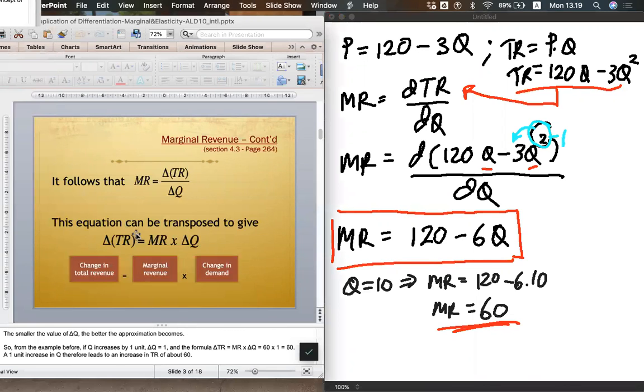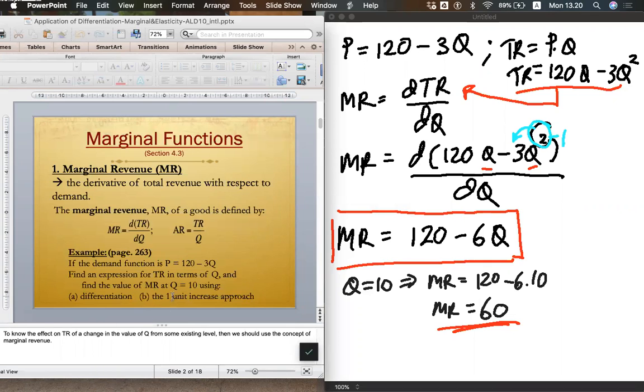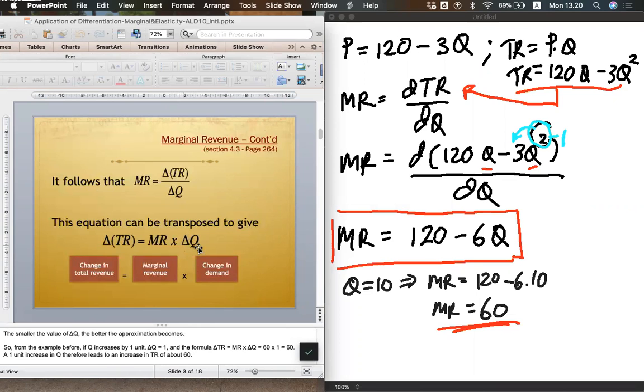So how about delta TR, if the marginal revenue and the differentiation or the change of demand are already known? In this case, the 1 unit increase approach, 1 unit increase, means the change of quantity is plus 1 unit.